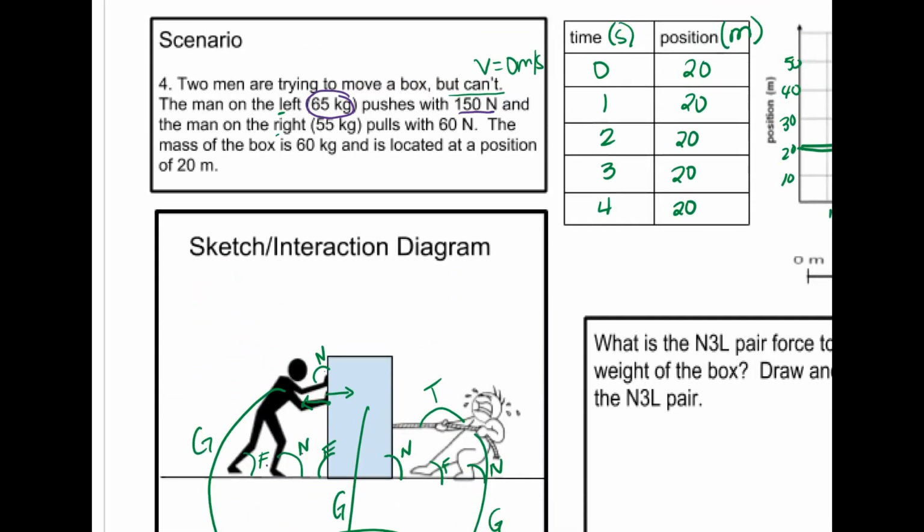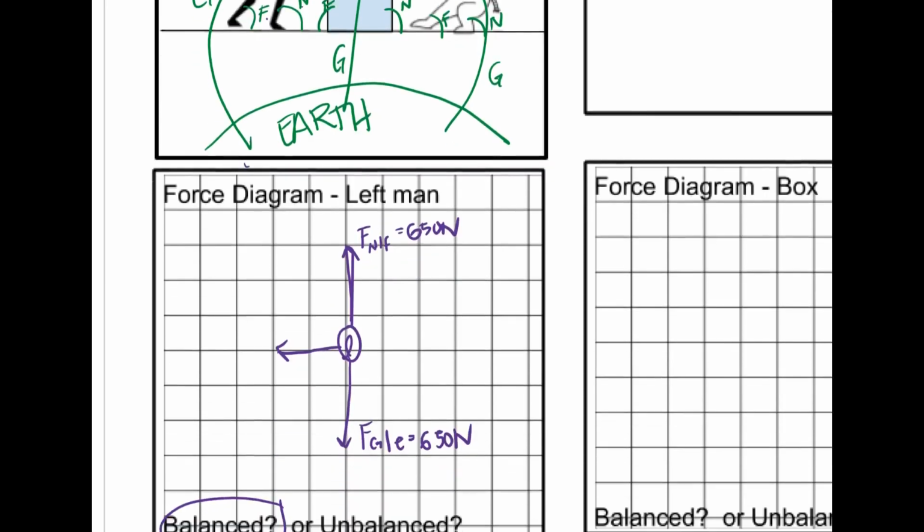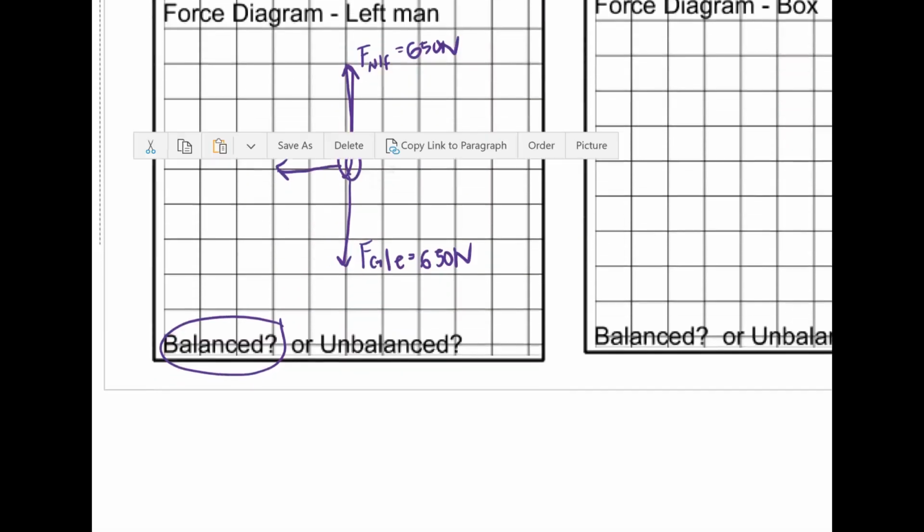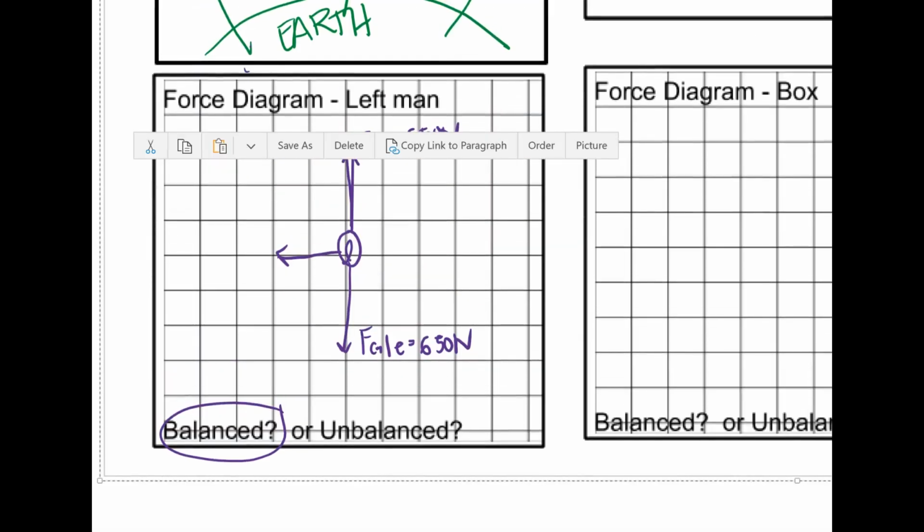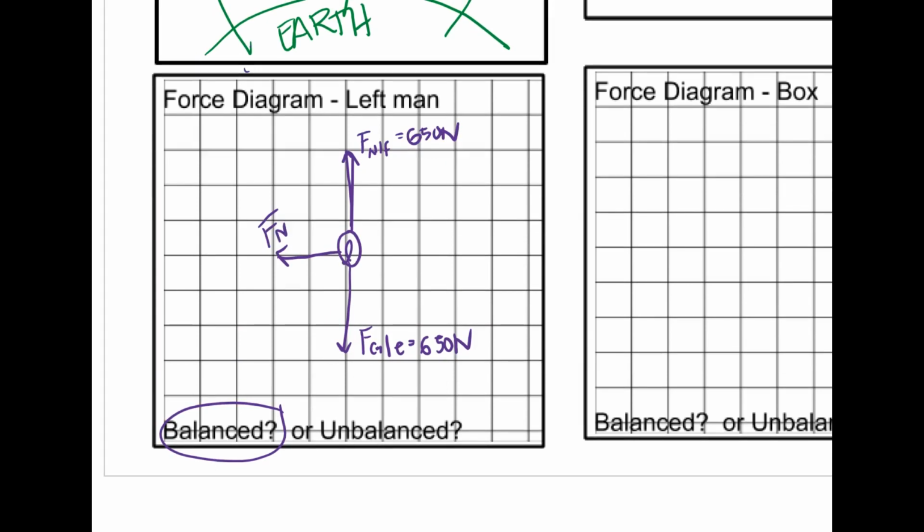He's pushing with 150 newtons. So it's a normal force on the left man with the box at 150 newtons. And so then that means that the force of friction on the left man by the floor is also happening at 150 newtons.